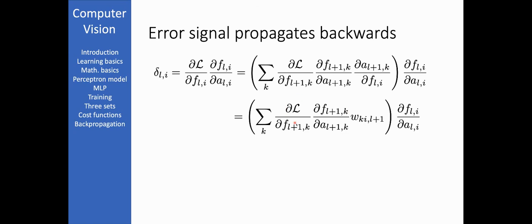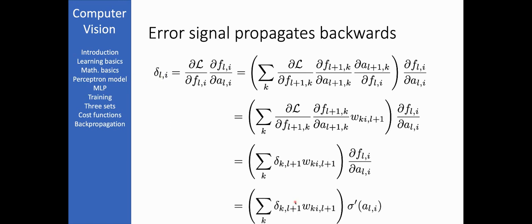And this term here, notice that this is actually, again, the error signal, but not at L, i, but at L plus 1, comma K. So it's actually the error signal in the L plus 1 layer. What this means is I can simply compute the error signal here using the error signals in a preceding layer.